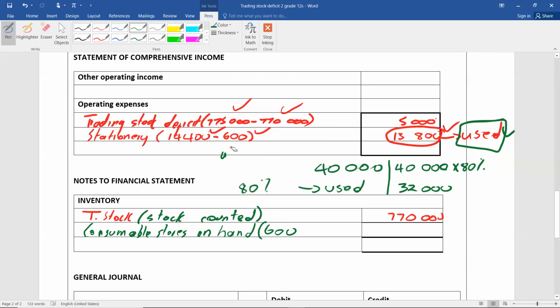I teach you how to answer your question paper. Even if you don't understand, at least you must get the questions right in your exam. And this is what I've said to you when it comes to stationery. Only stationery used must be recorded at the last column on the right hand, far right hand column, which is 13,800. And then I'm going to erase all of this.